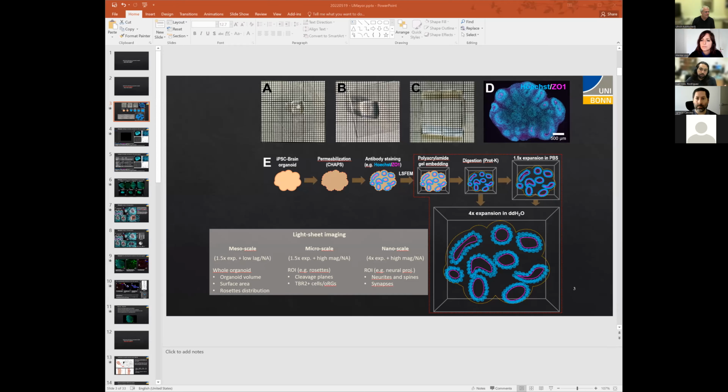The other thing is that with expansion you are able to keep GFP, YFP, a really big range of autofluorescent proteins, and also to use most of the commercially available secondary antibodies. So there are no restrictions with that.